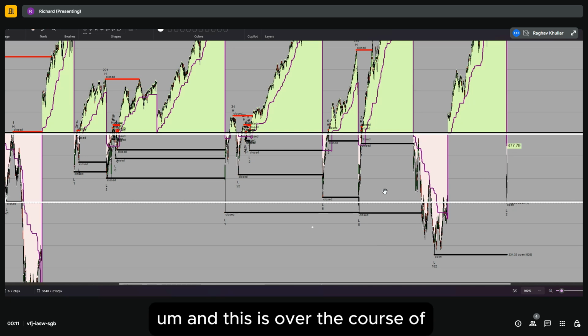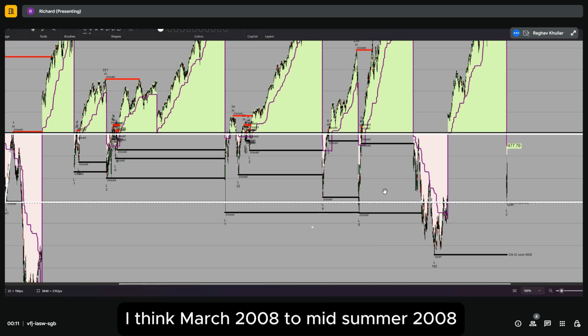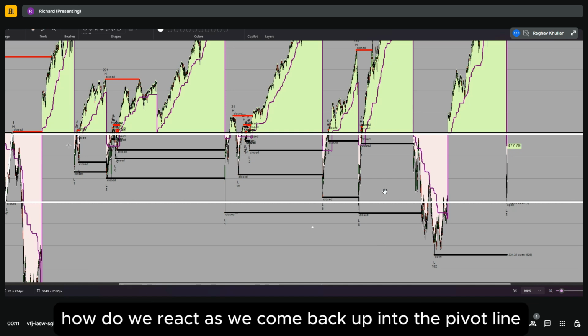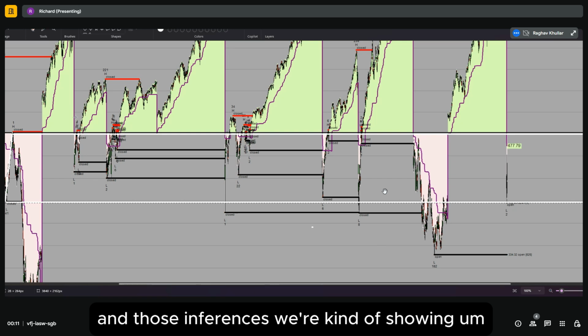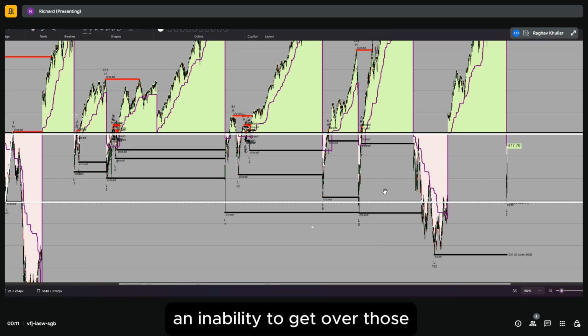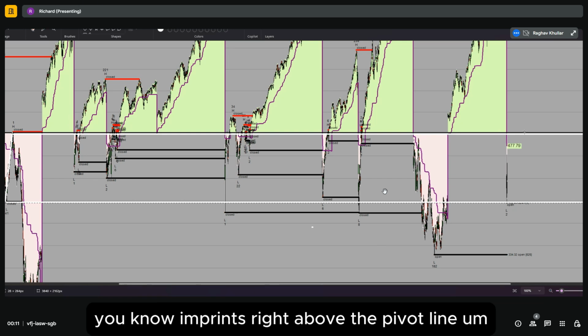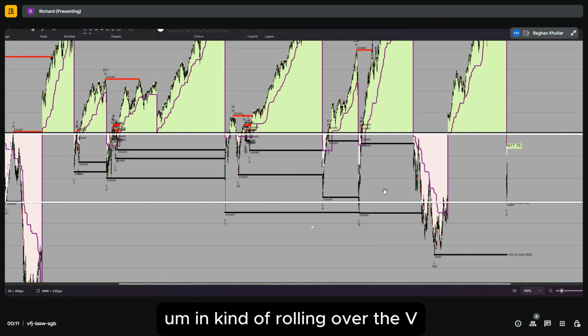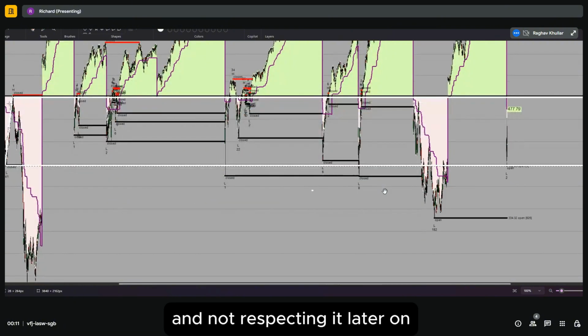And this is over the course of, I think, March 2008 to midsummer 2008. So the question is, how do we react as we come back up into the pivot line and those imprints we were showing? An inability to get over those imprints right above the pivot line, or right below, would be a sign of weakness, potentially in rolling over the V and not respecting it later on.